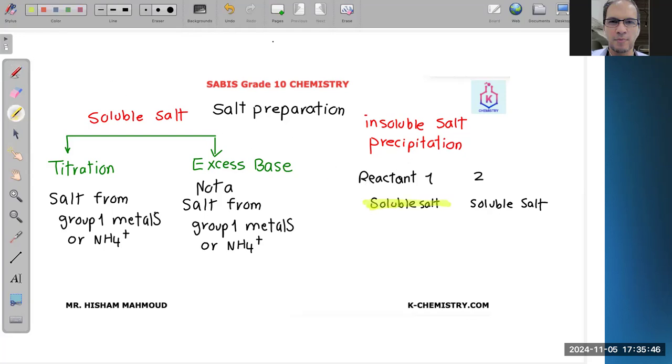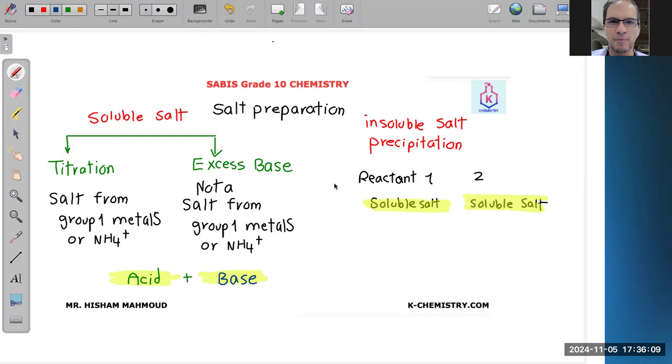That is the reactants that I have used, soluble salt number 1 and soluble salt number 2. But in this one, we said we cannot use two soluble salts. I'll have to use what? I have to use an acid and a base, and I cannot exchange them.